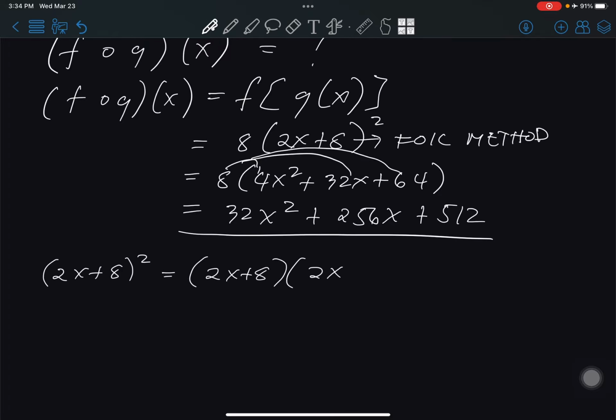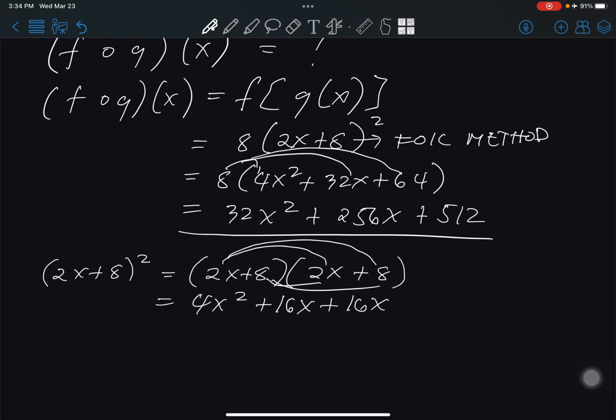Because we are going to use your exponent 2 by simply multiplying the base 2x plus 8 twice. So we have 2x times 2x, that would become 4x squared. Then 2x times 8, we have 16x. Then 8 times 2x, that would also be equal to 16x. Then 8 times 8, that would be equal to 64.